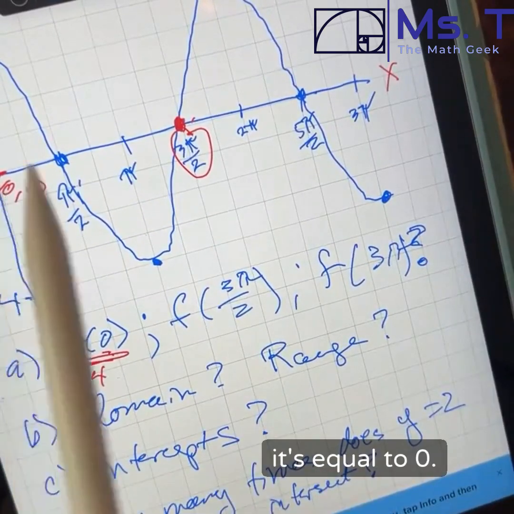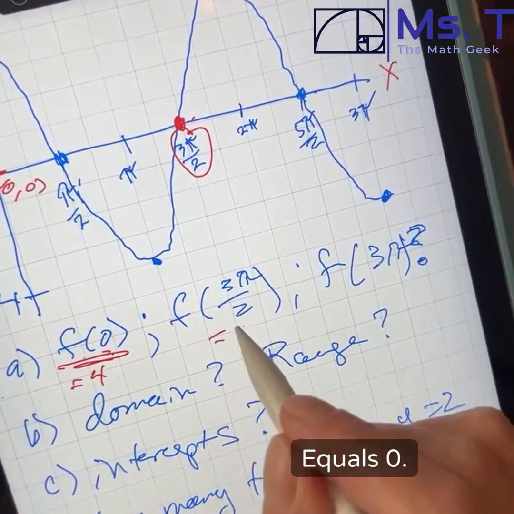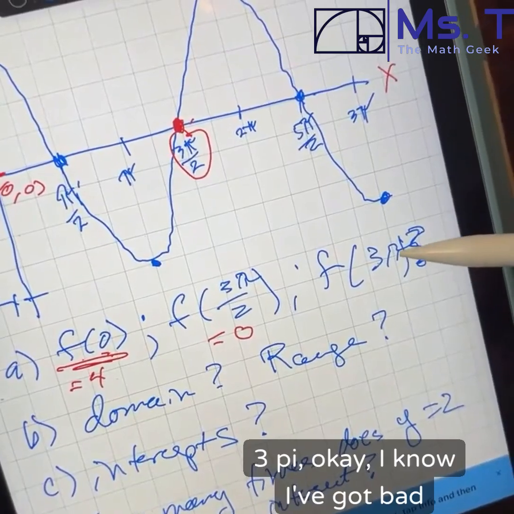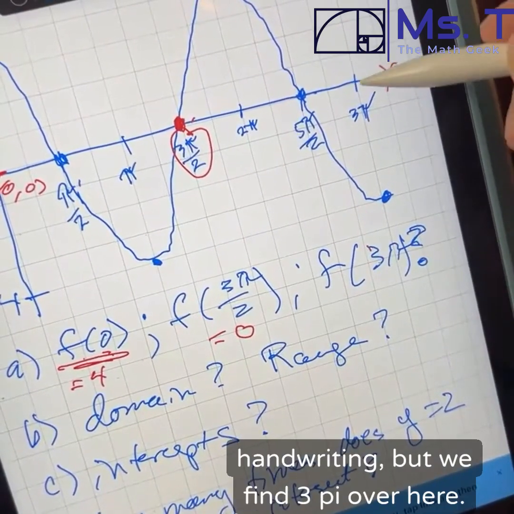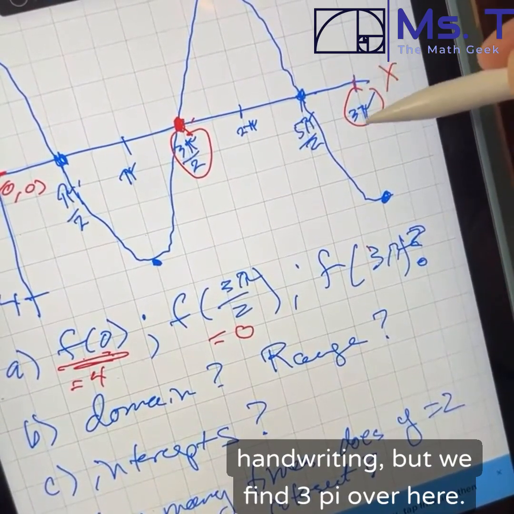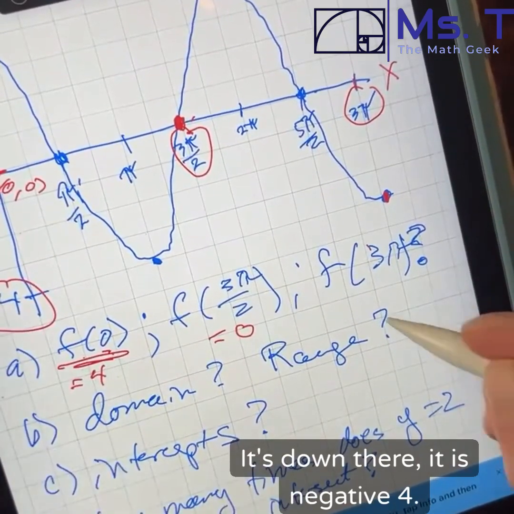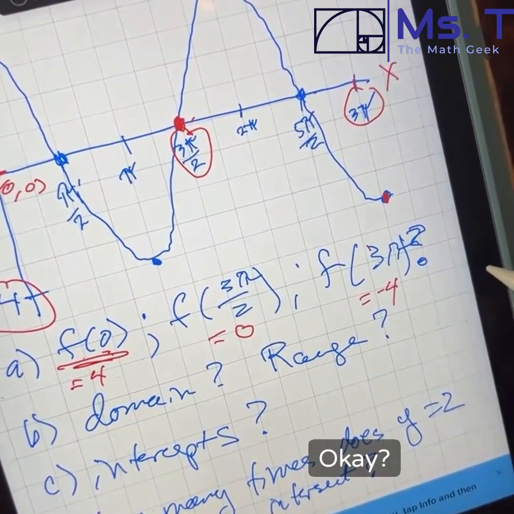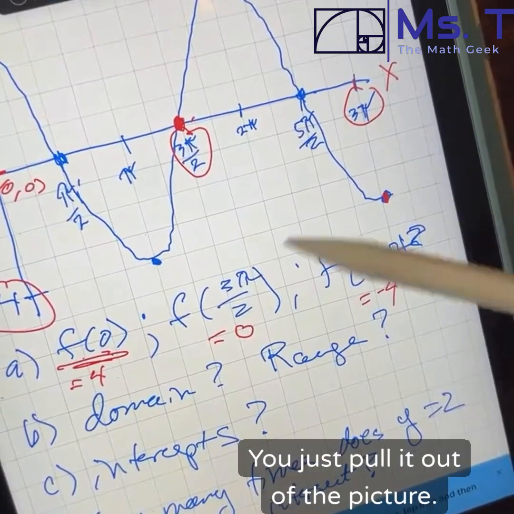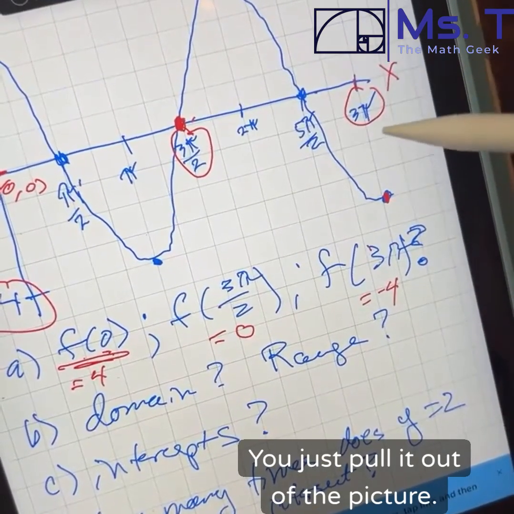It's equal to 0. Then 3 pi, I know I've got bad handwriting, but we find 3 pi over here. What is the value of the function? It's down there. It is -4. That's how you find that. You just pull it out of the picture.